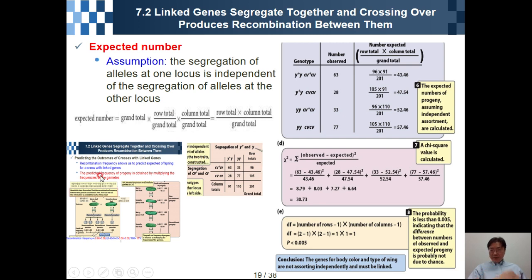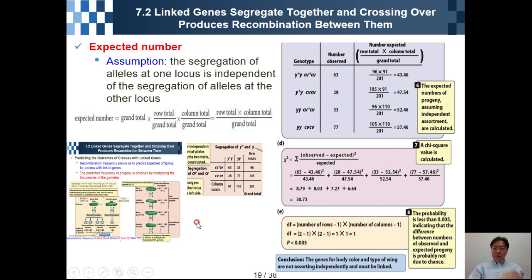Previously we learned how to calculate the predicted frequency of progeny. The predicted frequency of progeny is obtained by multiplying the frequencies of the gametes. So we have to calculate the frequency of each gamete, and after that multiply it with another frequency. So that's why we have this ratio like this.